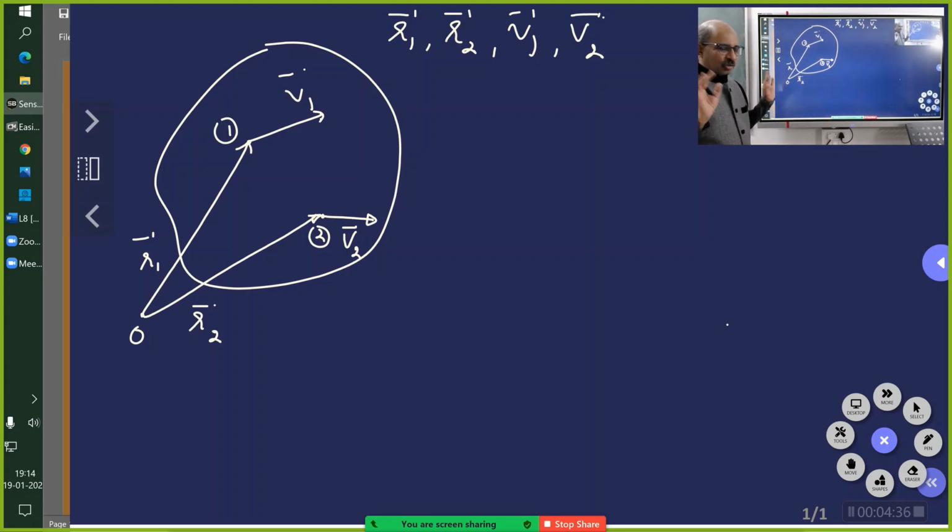The distance between the two particles will not change. Correct? So that is sufficient to handle this problem. So exploit that property.